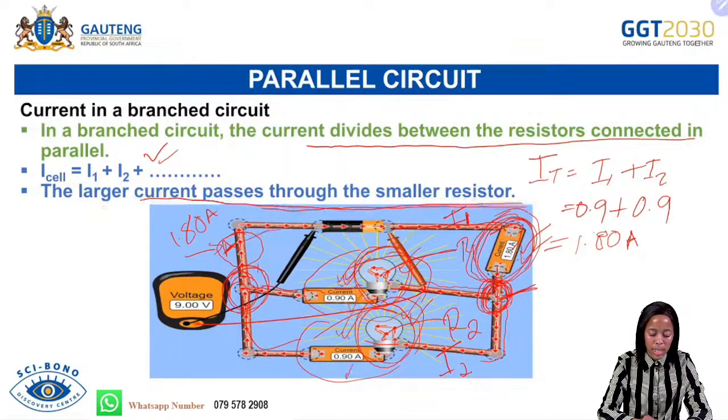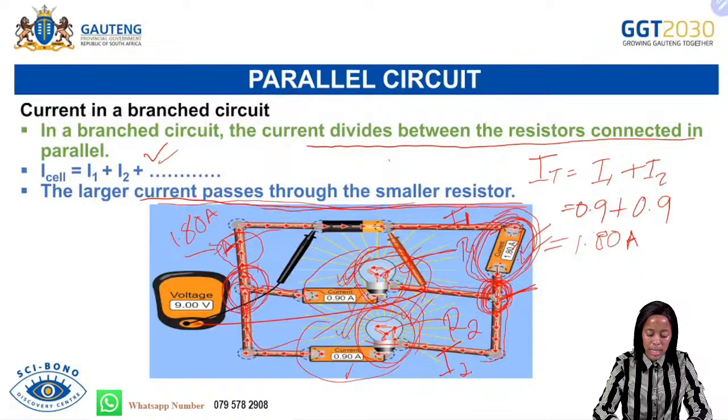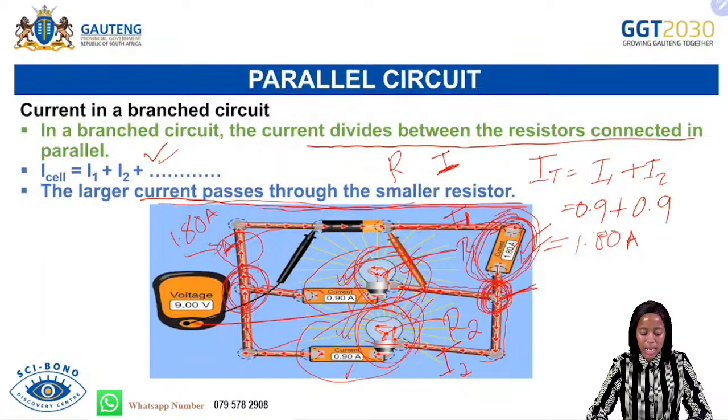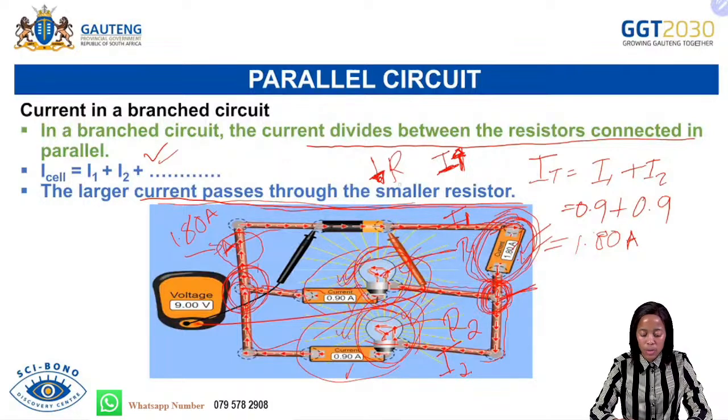Another point it makes here is that the larger current passes through the smaller resistor. So we are looking at the relationship between the resistance and the current. If we have a larger current, meaning the greater the current, it will pass through a smaller resistor.